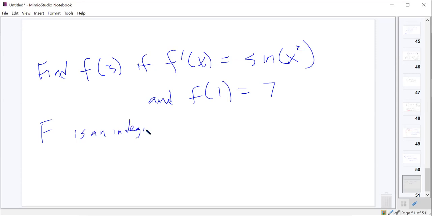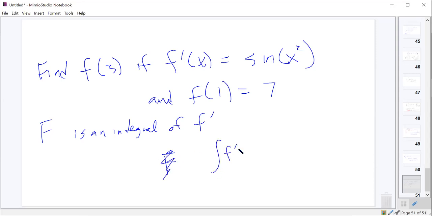So we would say that capital F is an integral of f prime. When we integrate f prime, we should get capital F. Well, actually, let's write it this way.